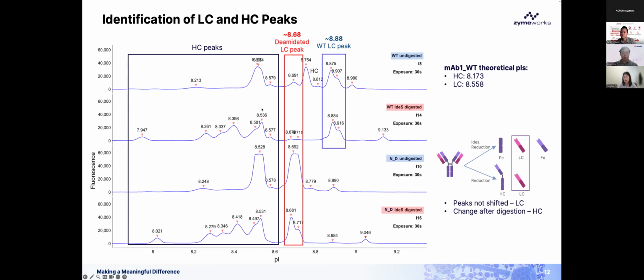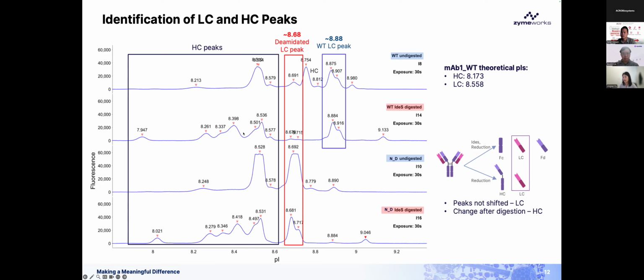Note that there's a peak at 8.5, which is present both before and after digestion. To identify this peak, we can compare it between the wild type and the N2D mutant. The peak is nearly identical between N2D and wild type, and we know that the only difference between wild type and N2D is the single-site mutation on the light chain.